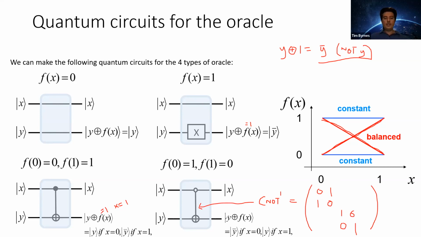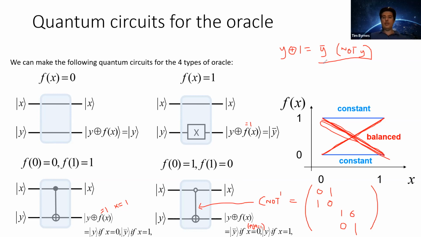So this is exactly the situation for this last function, where it slopes down like this. When x is 0, f of x is 1, and when you have y plus 1, it basically flips it.